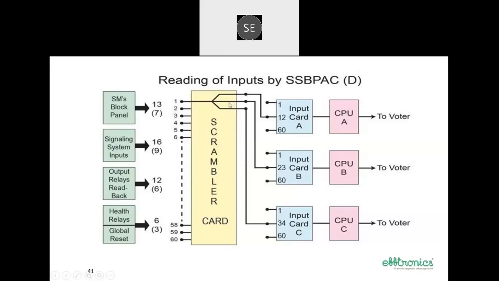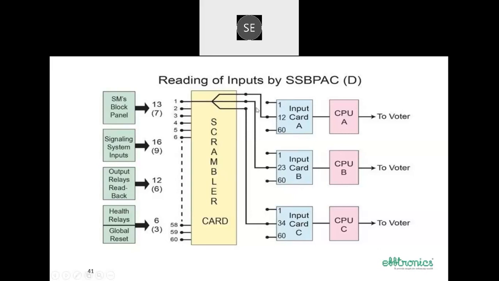What this scrambler card does is divide each input into 3 outputs, and it applies the 3 inputs at different numbers or different places on the input cards. We can see here that input number 1 is applied at input number 12 in input card A. The same input is applied at number 23, and the same is applied at number 34 in input card C. The reason for scrambling like this is to avoid common mode failures.